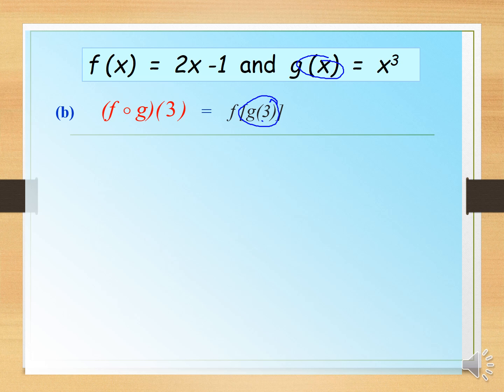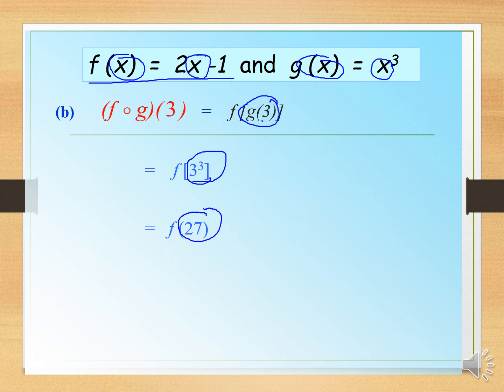It will be 3 to the power of 3, and we get 27. 27 now is the input for function f(x). f(x) equals 2x minus 1. f(27) equals 2 times 27 minus 1, which equals 53.